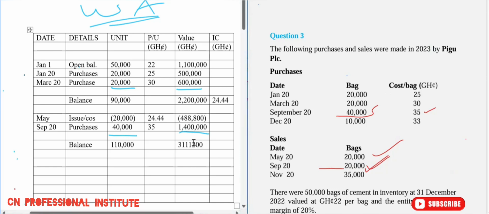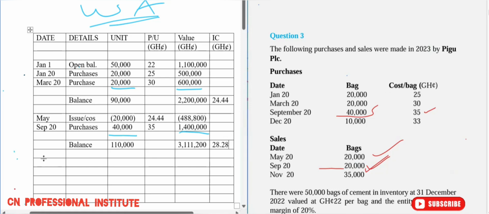Okay, so you just have to confirm some of the answers. Just do the working. The most important thing is you understand. So we divide this figure by this to get the issue price here, right? And then I have 28.28.